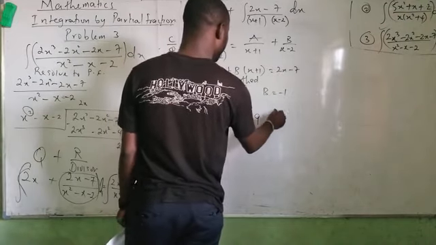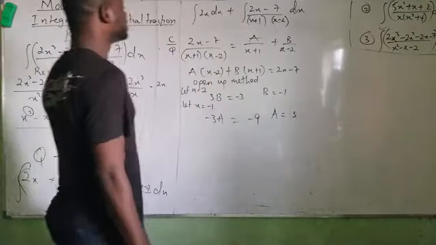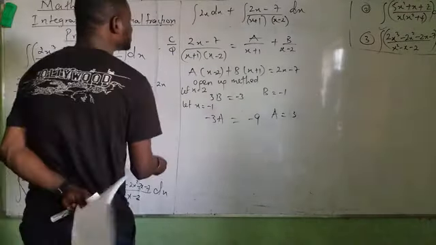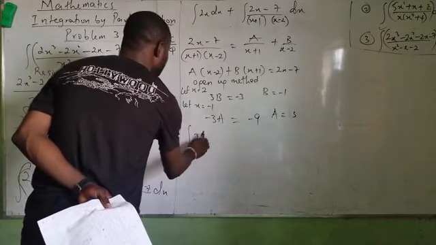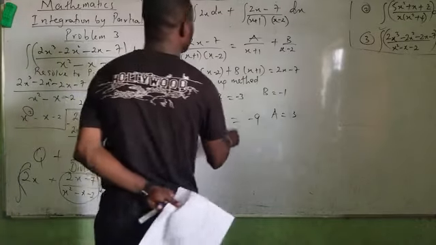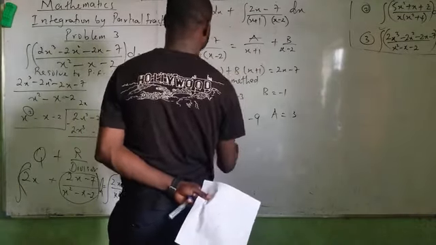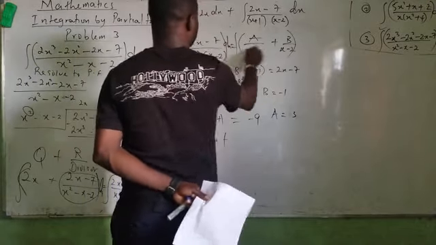Now, my A will equal 3. My A is equal to 3. Now, I can decide to say that the integral of 2x dx plus this one is equal to this, which I'm also talking about here.